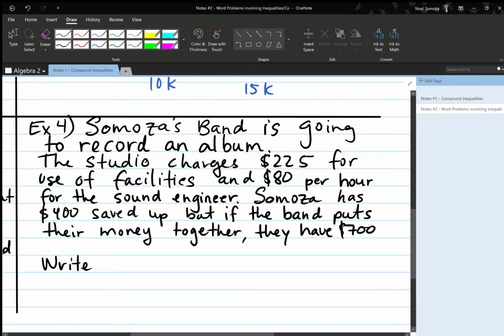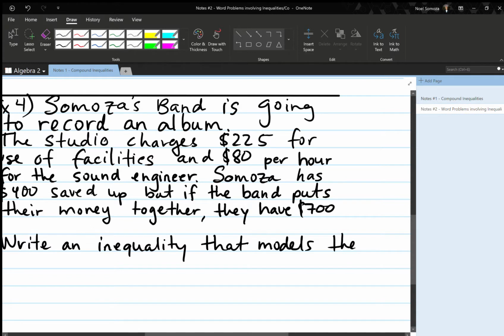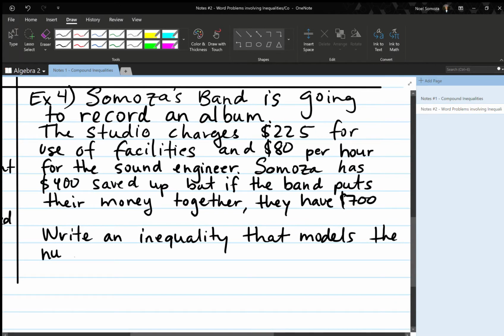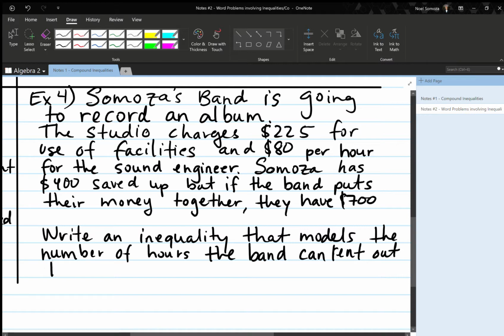We're gonna write an inequality that models the number of hours the band can rent out the studio. Now let's just say we're only gonna rent it out for the one day.